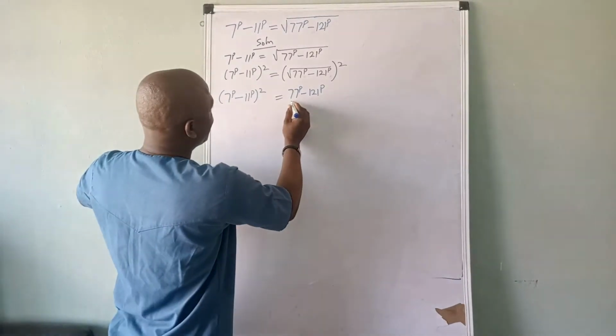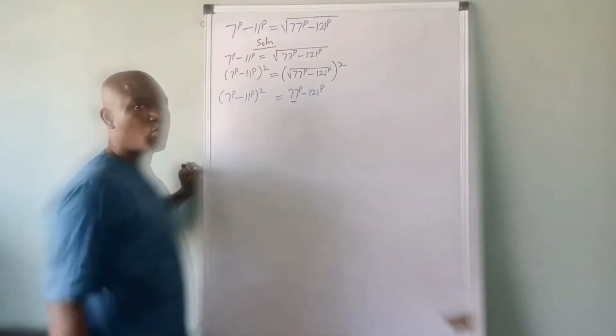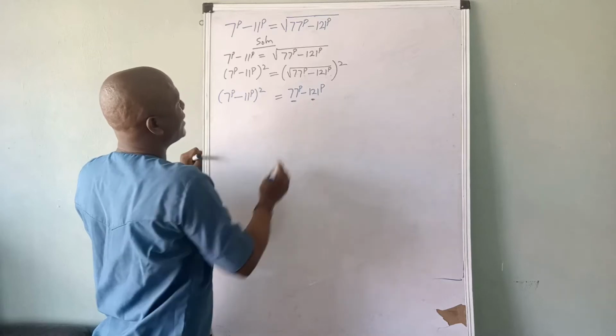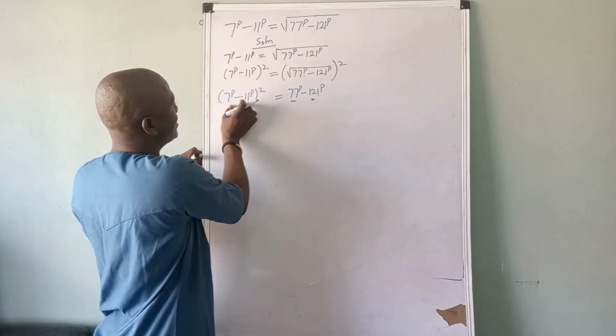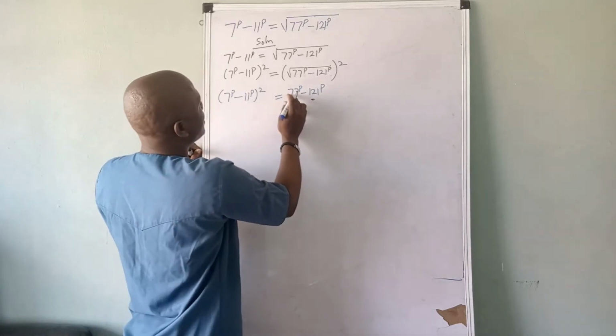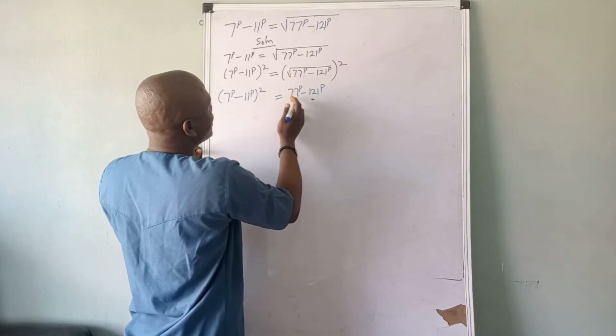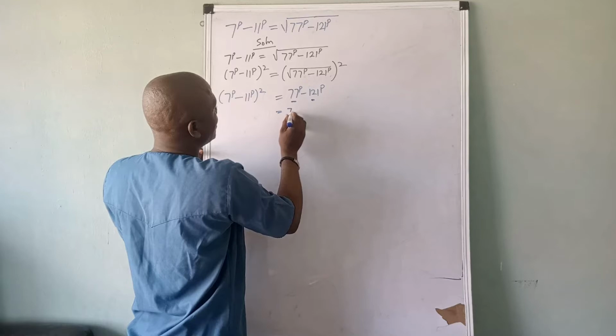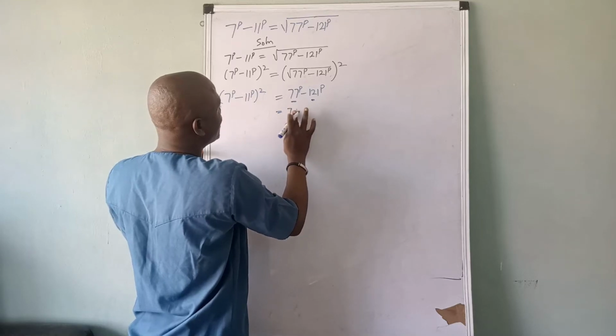At this point, if you look at the right-hand side of the equation, you can see that we can derive an expression that is similar to this. How do we do that? 7 times 11 is the same as 77, right?